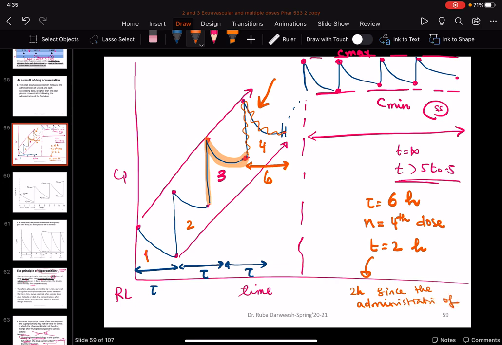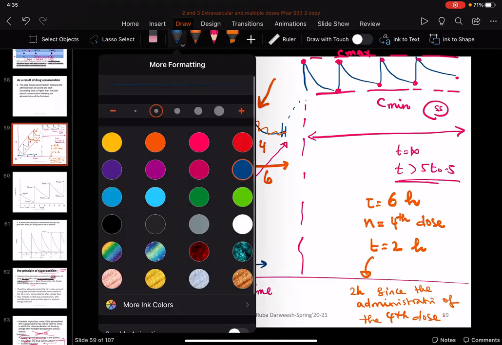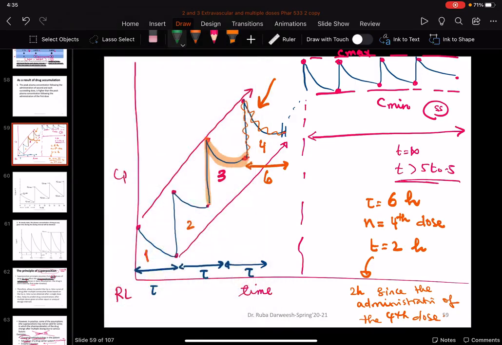of the fourth dose in this case, which means that I'm talking about the concentration after 2 hours of the administration of this dose.